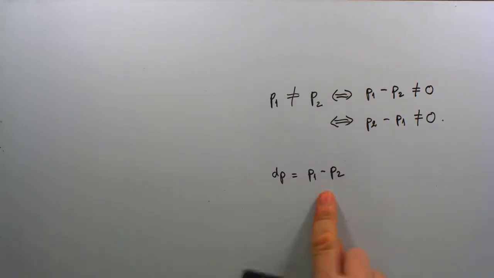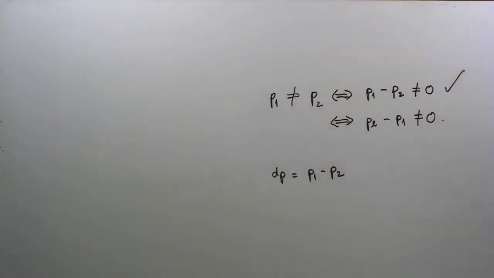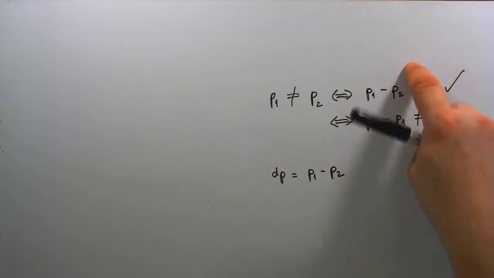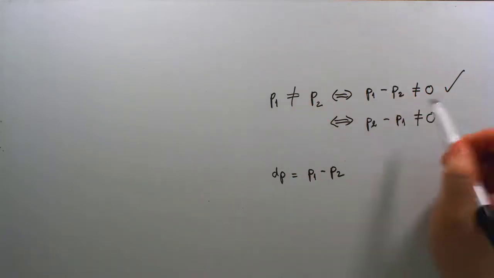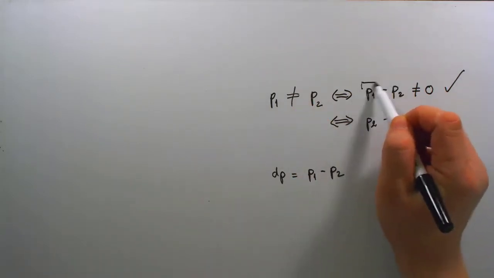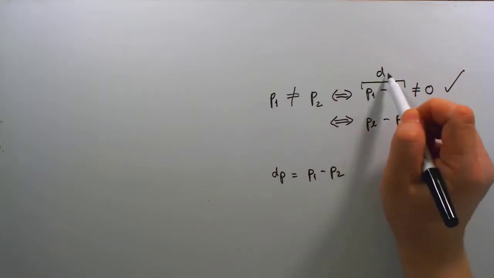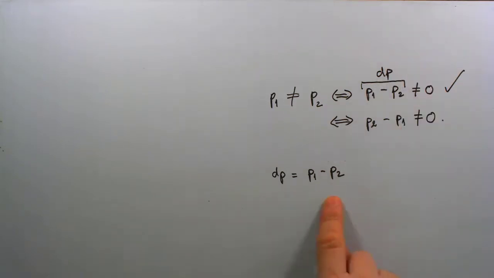So in this reasoning, I am going to choose to work with this particular statement, even though they are both algebraically correct re-expressions of this comparison statement. The reason I chose this is that I notice p1 minus p2 is the same as our dp, which is consistent with how we define our dp.